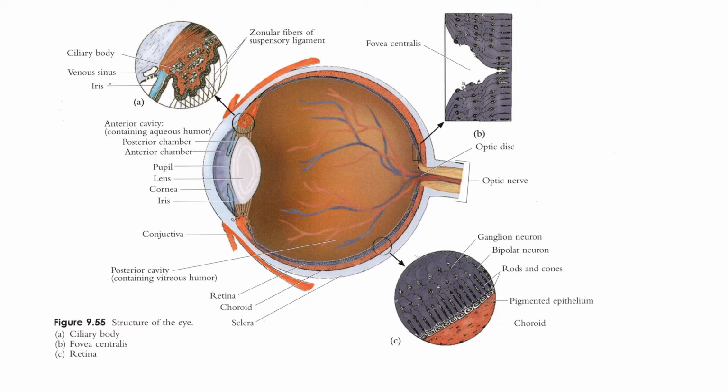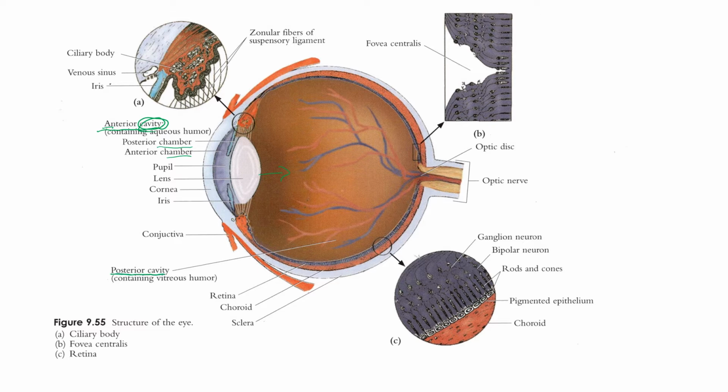In front of the lens, and so the lens is right here, also called the crystalline lens. This area in front of it is called the anterior cavity. You see the words chambers here also, but in front of the lens, anterior cavity. Behind the lens, the area back behind the lens, is the posterior cavity, and here it is listed for you also.